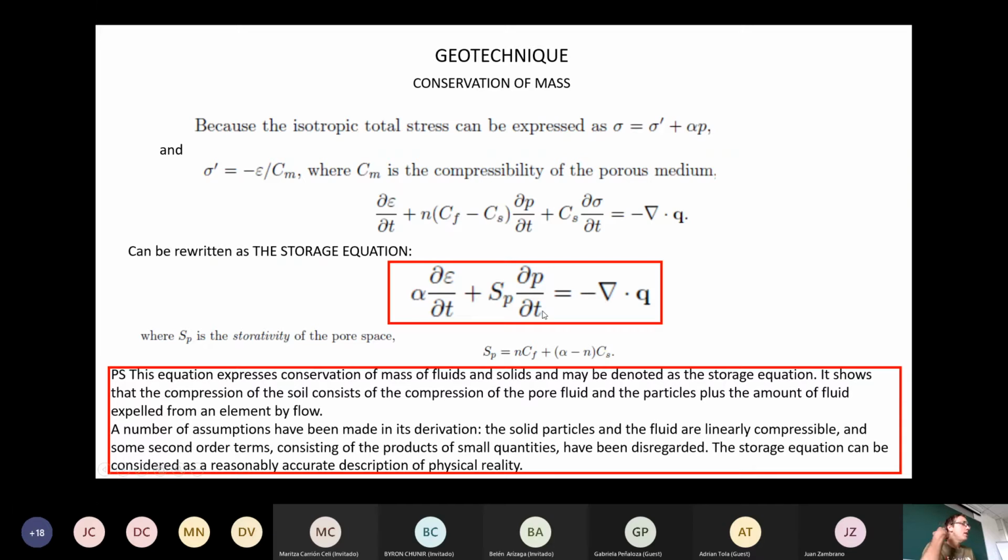Again, it's not necessary that you know all the detail, but what I need you to know is this formulation and the fact that it comes from the Terzaghi principle and the conservation of mass. Here we have three terms. One is the flux, connected with the space, and these two terms are connected with the time.